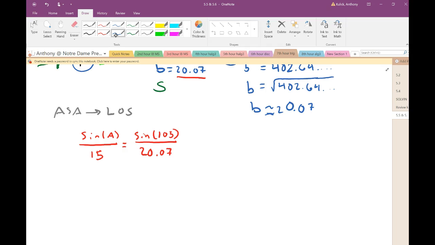So now I just need to solve for A. I will cross multiply. That gives me 20.07 times sine of A equals 15 times sine of 105. At this point you could multiply 15 and sine of 105 together and make a decimal. I'm going to choose not to because it is more writing, but if you're more comfortable with that, feel free. To get sine A by itself, what should I do?